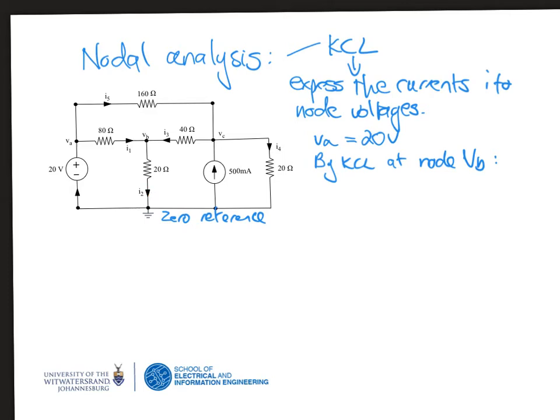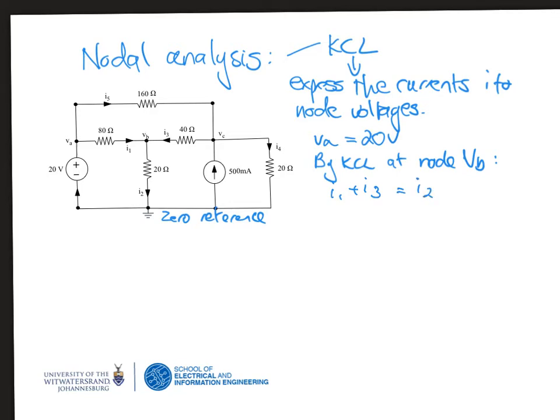And remember that Kirchhoff's current law tells us that the current flowing into a node is equal to the current flowing out of the node. So we know that I1 plus I3 is equal to I2.